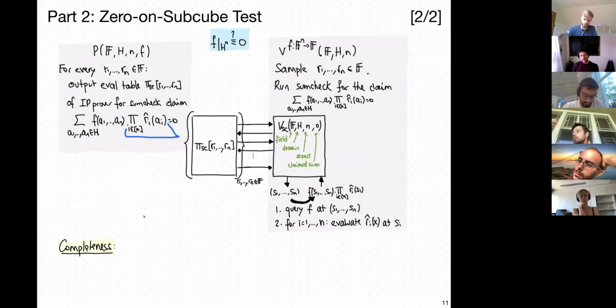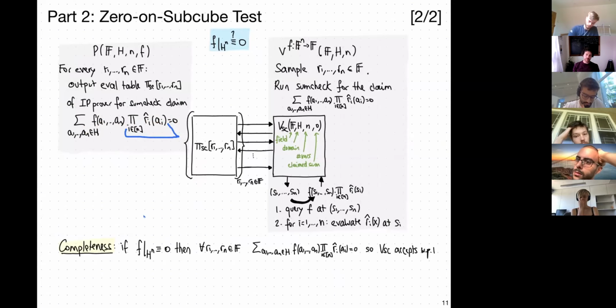So the completeness and soundness would be quite immediate. Let me just say that, and then I'll take some questions. Suppose we started with some function which is all 0 on H to the n. Then by our choice of this arithmetization, we know that this sum is equal to 0. So if we run sum check, then we'll accept.